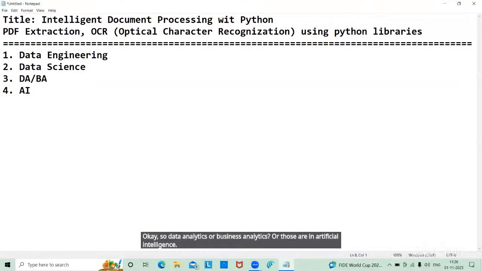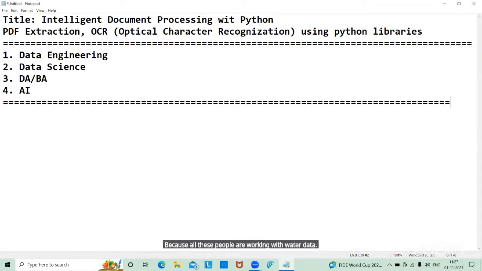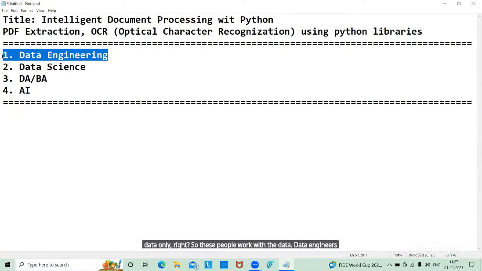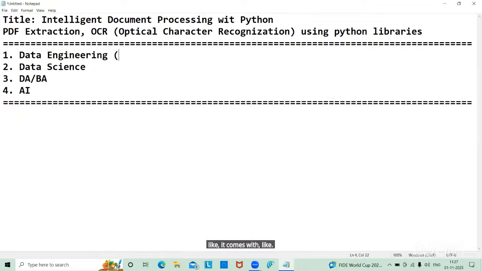Intelligence, right? So this workshop is very important because all these people work with data only. The data engineer works with data, coming with ETL processing. The data scientist requires data for doing research.